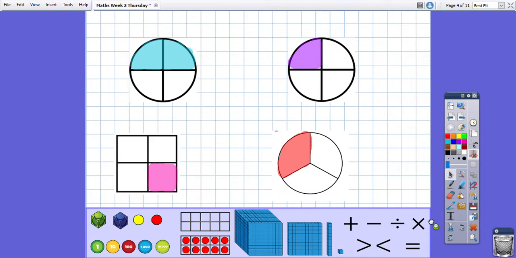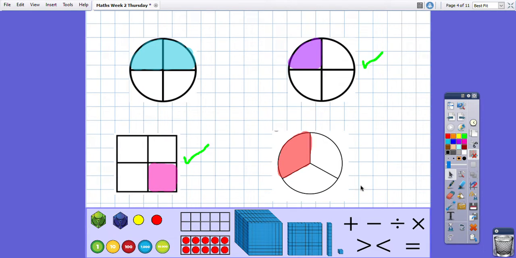So this one has definitely, give that a tick, a really bad tick, but there we go. And then look at my square, 4 equal parts, 1 part shaded, so we can give that a tick as well. And then lastly, look at my circle.